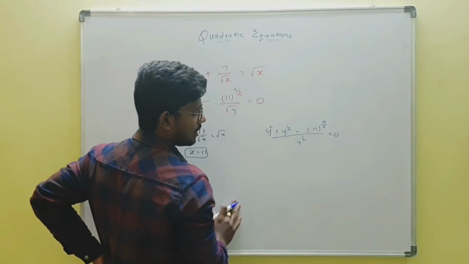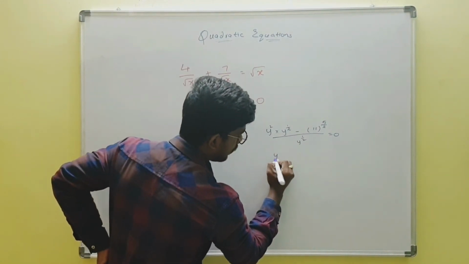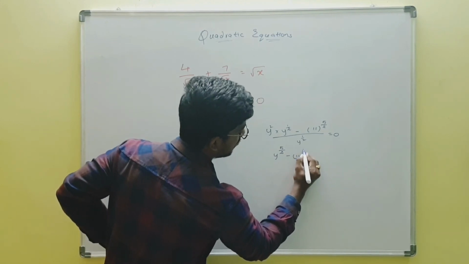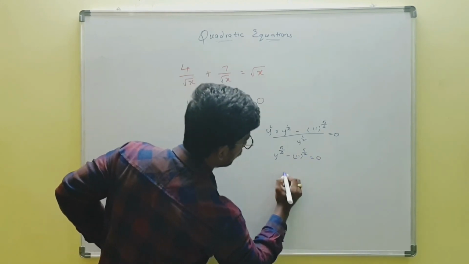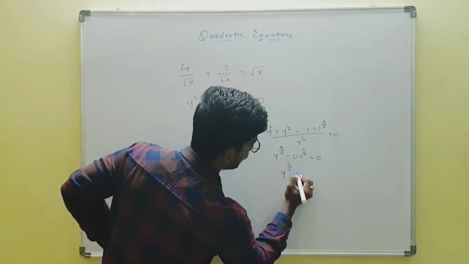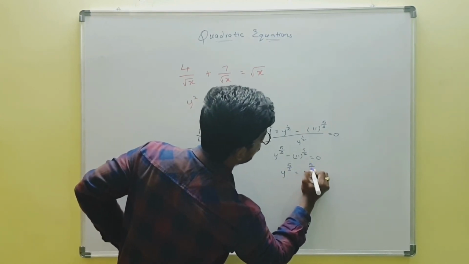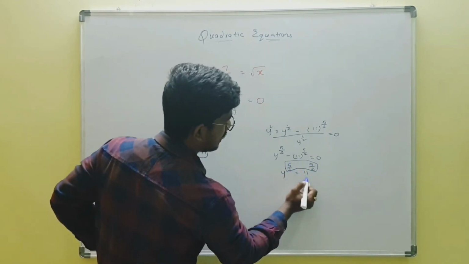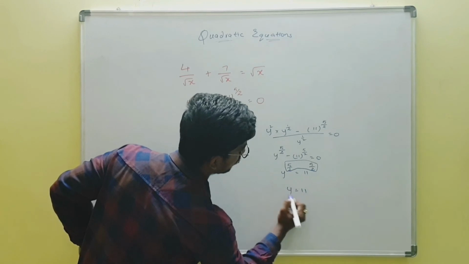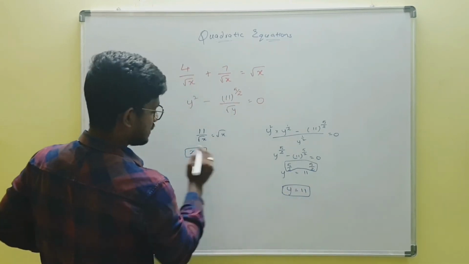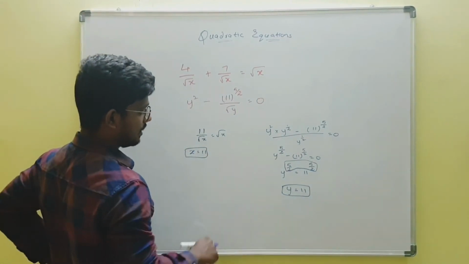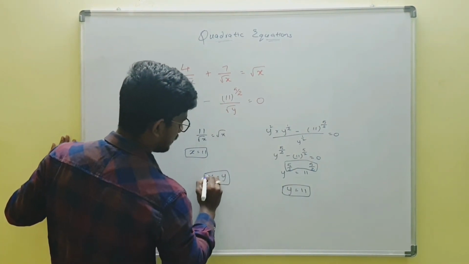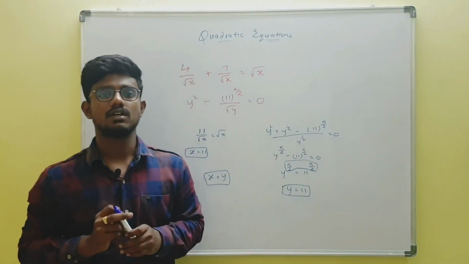So 2 plus 1 by 2 is equal to 5 by 2. So y power 5 by 2 minus 11 to the power of 5 by 2 is equal to 0. So y to the power of 5 by 2 is equal to 11 to the power of 5 by 2. Here the powers are equal, so I can take directly y is equal to 11. In this case also I got x is equal to 11, therefore x is equal to y is the relation established from those two equations.